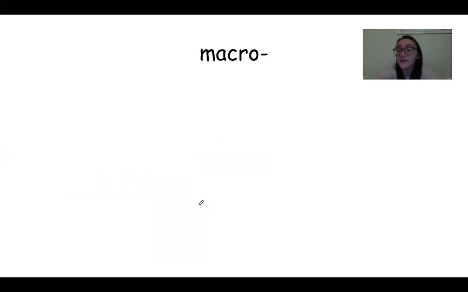Now the next one is macro, and it's the opposite of micro. So instead of really small, it's really, really big. This word, you won't see a lot unless you read a lot of things in English, like the newspaper or lots of books that talk about science things. Macro means big.